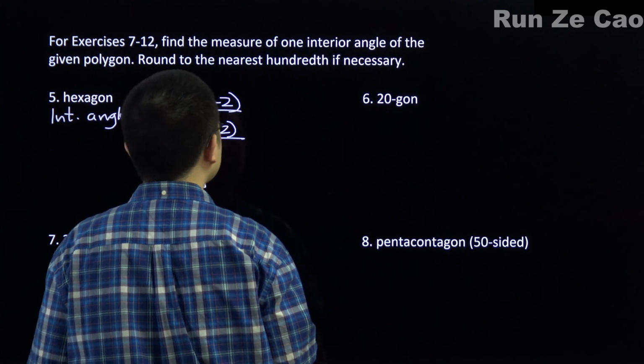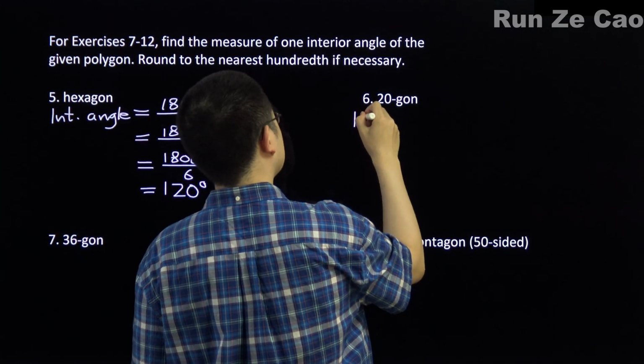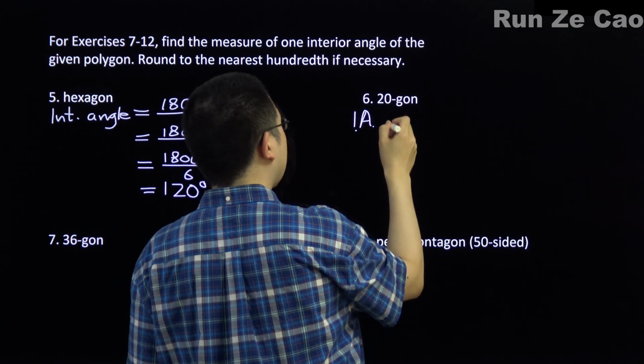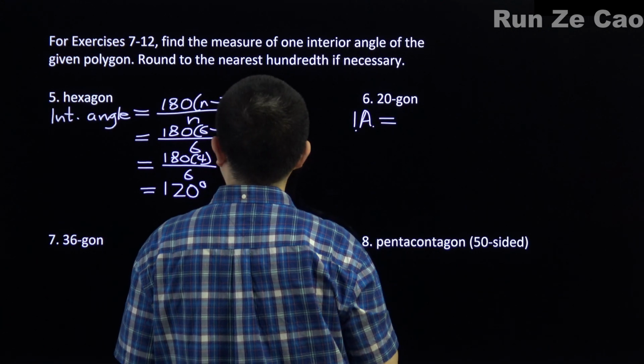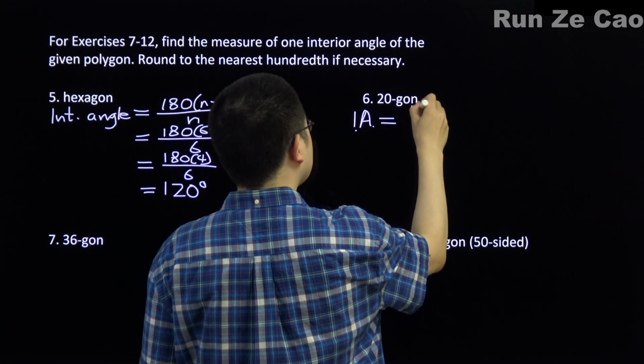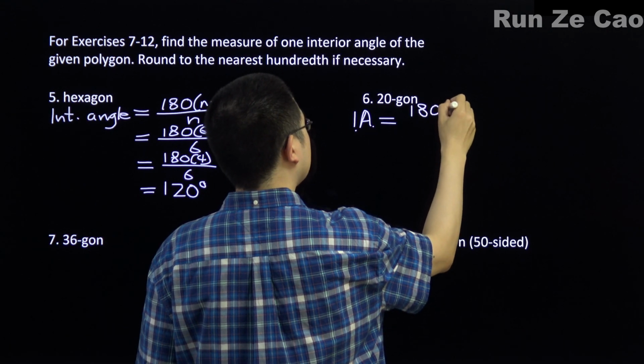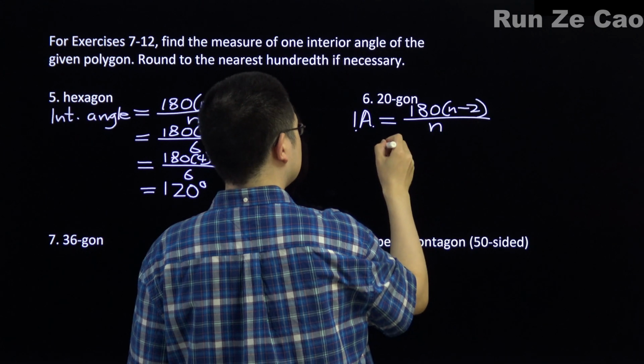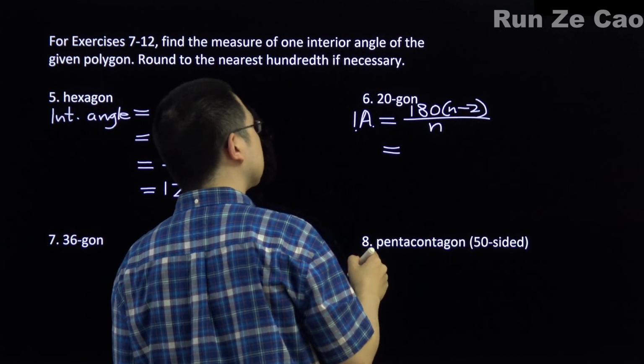Now, for a 20-gon, you've got interior angle. I'm going to abbreviate it as IA for now. This is equal to the sum, which is 180 times n minus 2, over the number of angles, which is n.